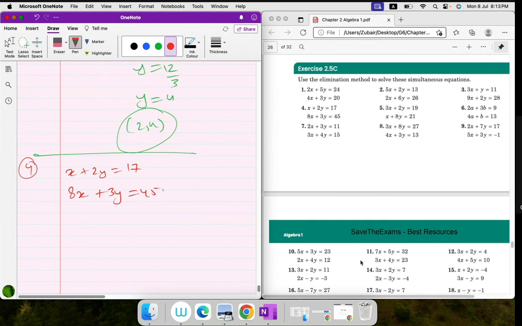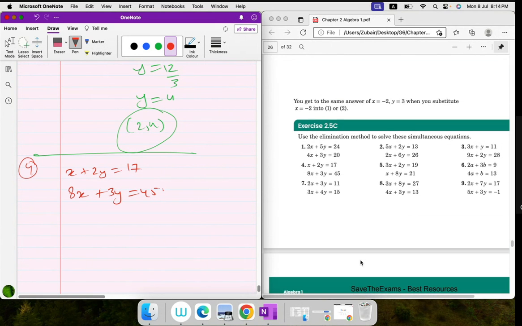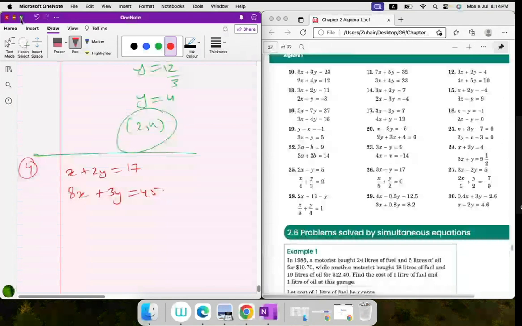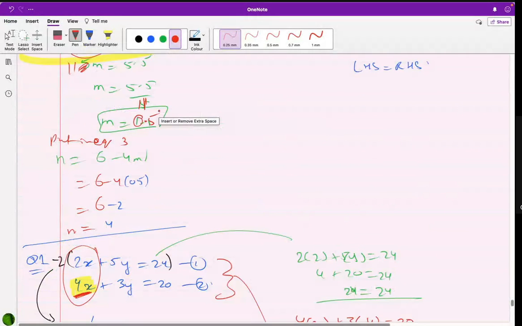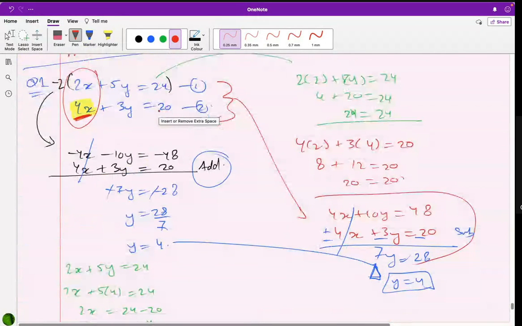Okay, I'll go through it quickly. Aris, we started from here. This was the first equation, 2x plus 5y equals 24. And second was 4x plus 3y is equal to 20.